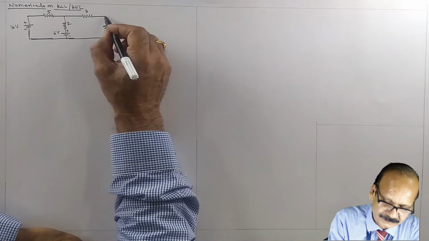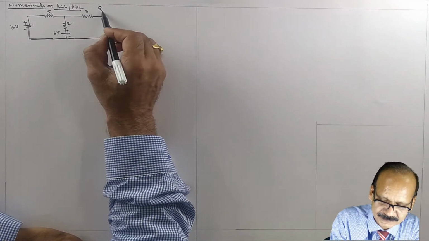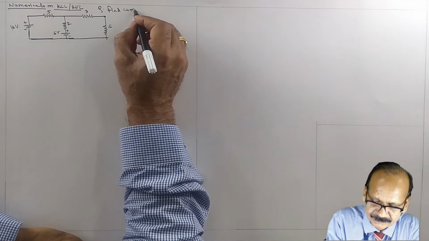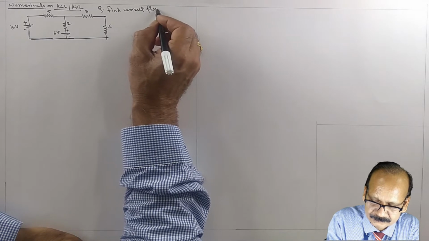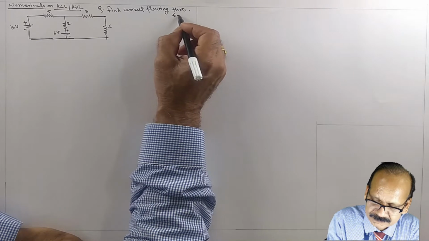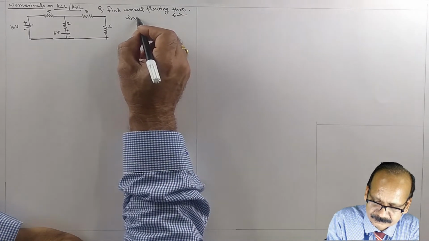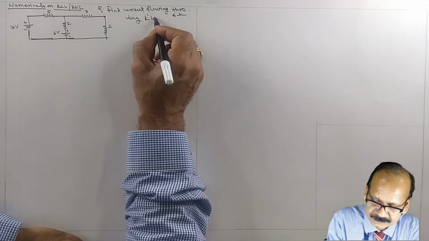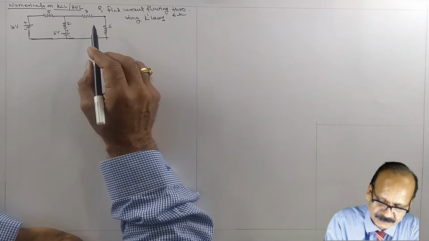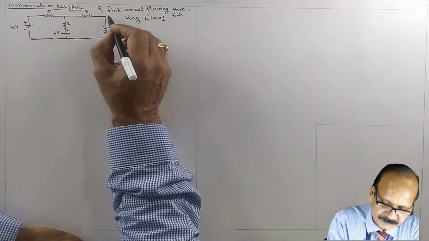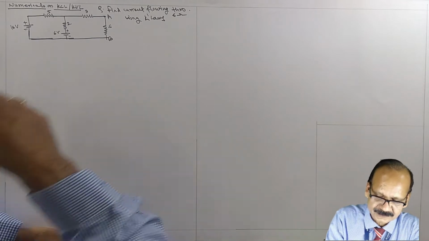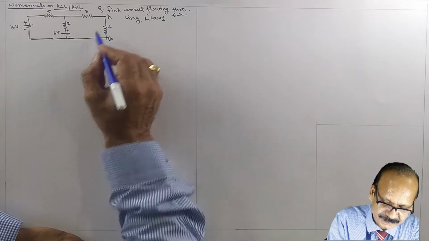And say the question is, find current flowing through the six ohm using Kirchhoff's laws. Okay, say this point is A, this is say B. That means you have to find out current flowing through AB.